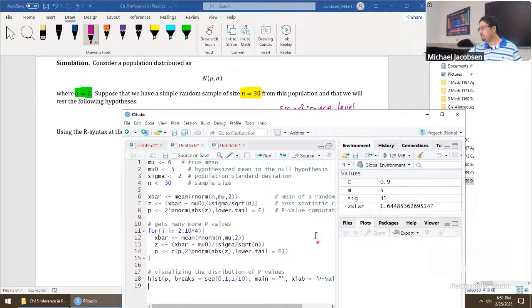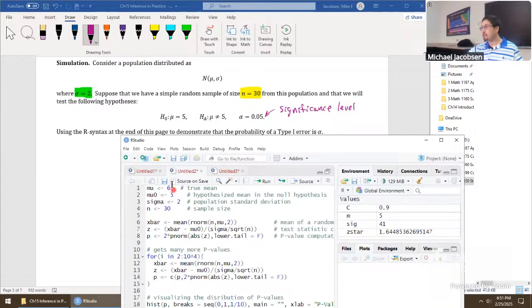Okay, so what this syntax is doing is first defining mu to be 6. So that means this null hypothesis is off by 1 unit. Mu naught is going to be set to 5. So that's the value that's in the null hypothesis, the value to be tested, or the hypothesized value.